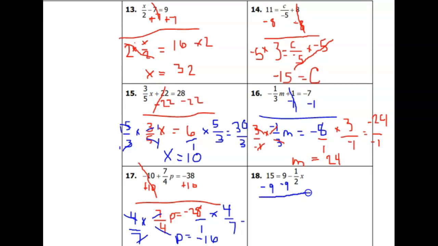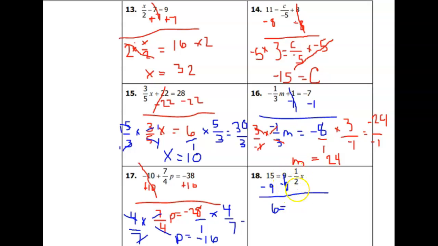So I'm going to be multiplying by 2 over negative 1, okay, to get this x here by itself. So I think to myself, oh, and I got to do it to the other side. What I do to one side, I do to the other side, 2 over negative 1.